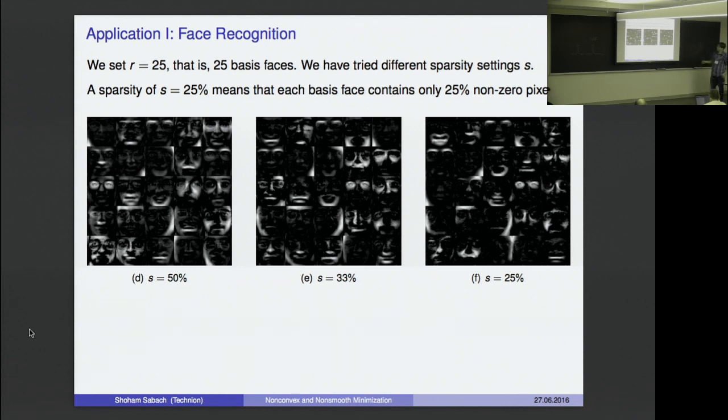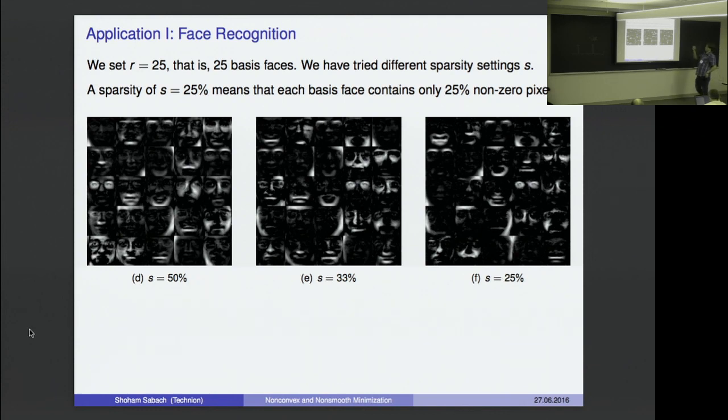And as you can see, here are the basis faces for each different level of sparsity. And as you can see, the larger the sparsity, we get a more compact representation of the basis faces. And this is, of course, very important if you want to deal with huge scale databases. The compact representation is very important.